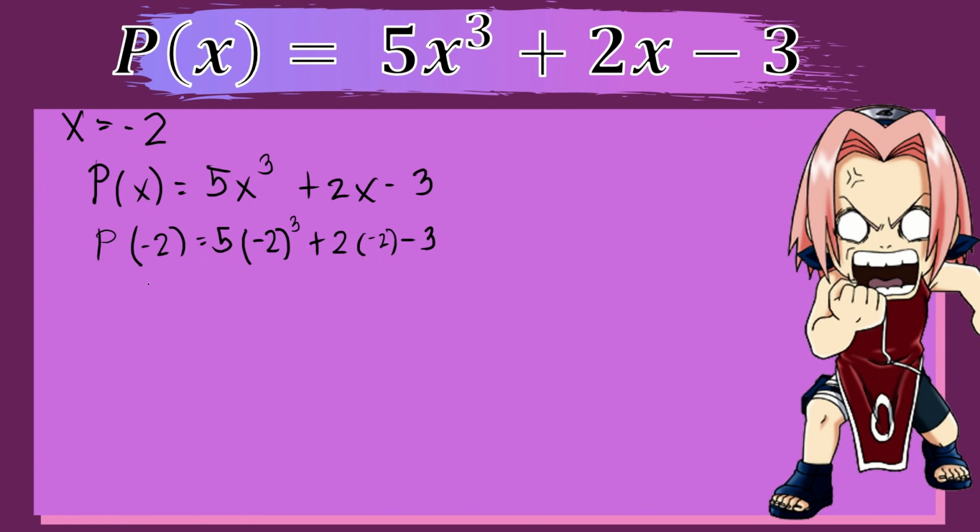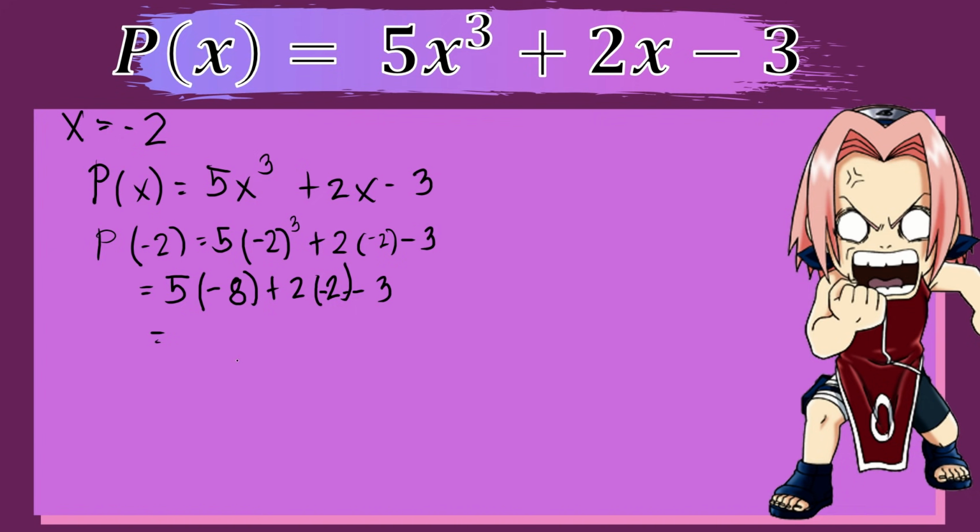Then, simplify following the PEMDAS rule. Diba, we have 5. Unahin muna natin yung exponent, negative 2 raised to 3. So, that is negative 2 times negative 2 times negative 2. So, that is negative 8. So, wala namang may exponent na, so kapahin na lang muna natin yung iba.